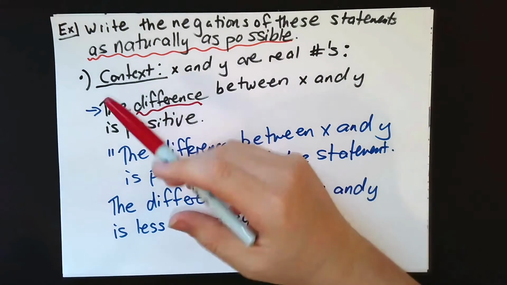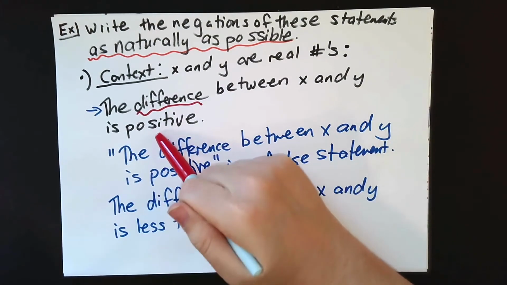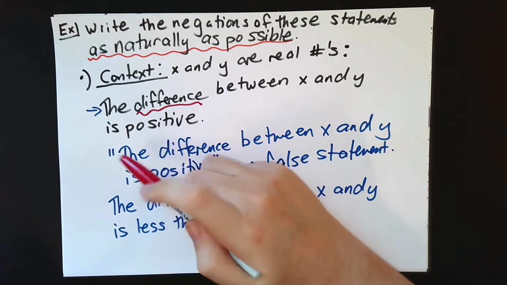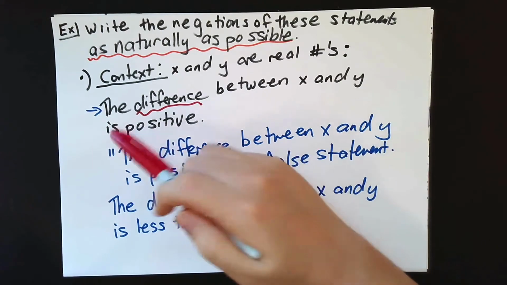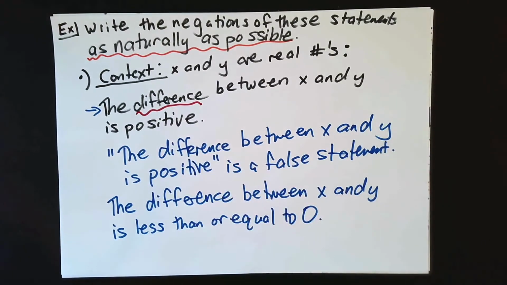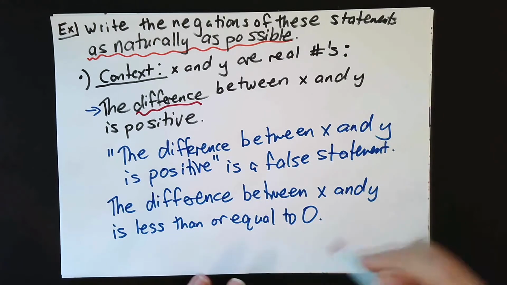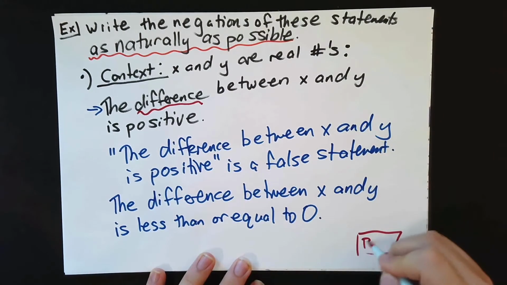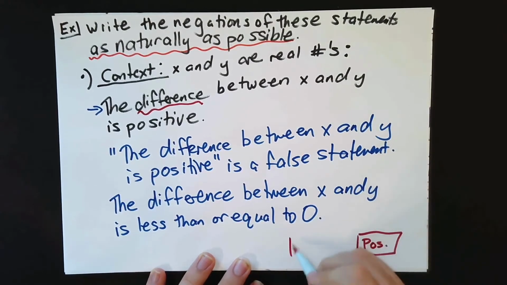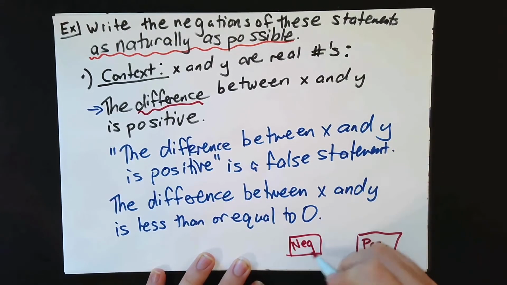The same is true when you get to "is positive." It's really easy to have a knee-jerk reaction that I'm supposed to change "is positive" to "is negative." And so negative is the opposite of positive, but it is not the logical opposite of positive. In other words, it is not the negation of positive. And why is that? It's because really there's 3 kinds of numbers. There's positive numbers, there's negative numbers, okay, but in between those two, there's numbers that are 0.